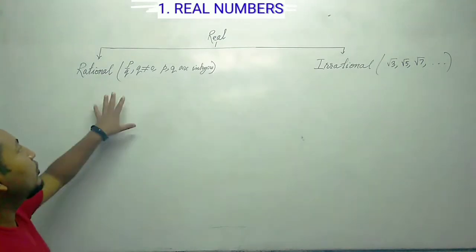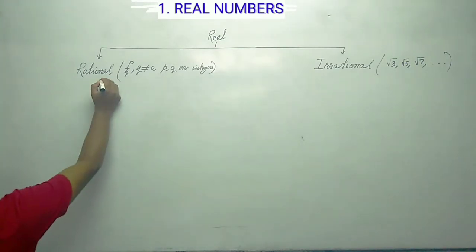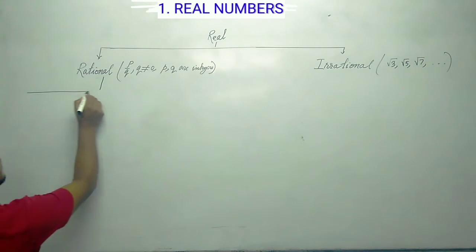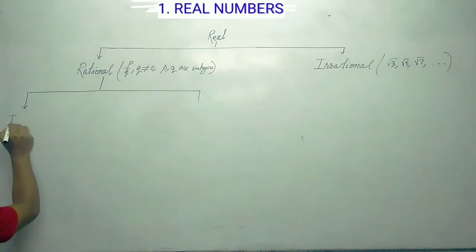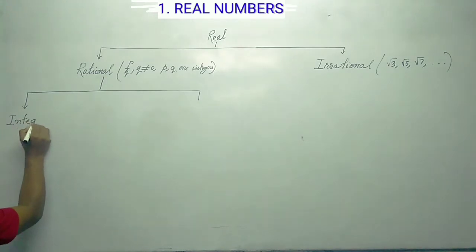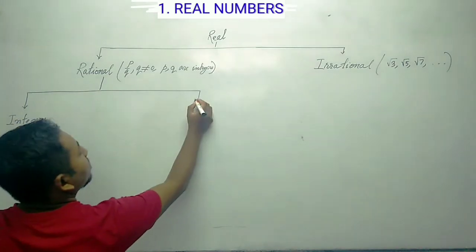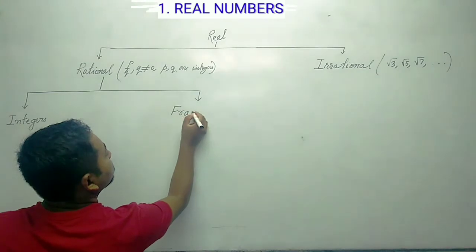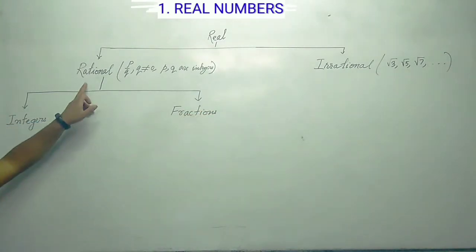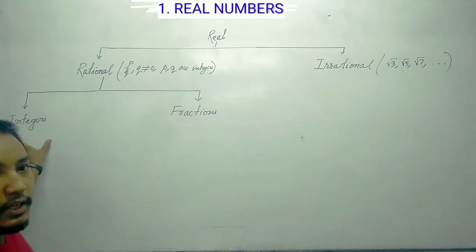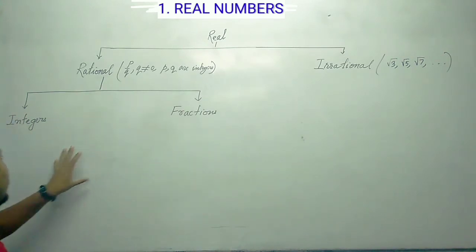Now let us come to rational numbers. A rational number again can be classified into two parts, that is integers and fractions. What are integers?